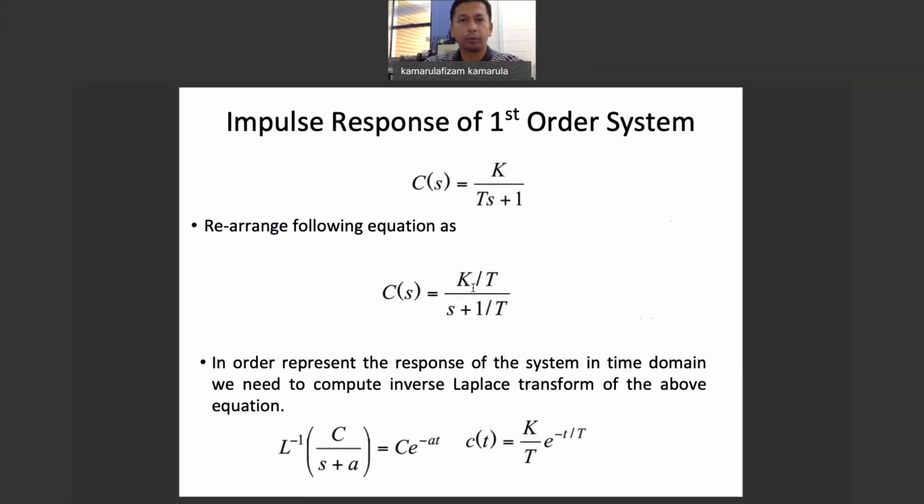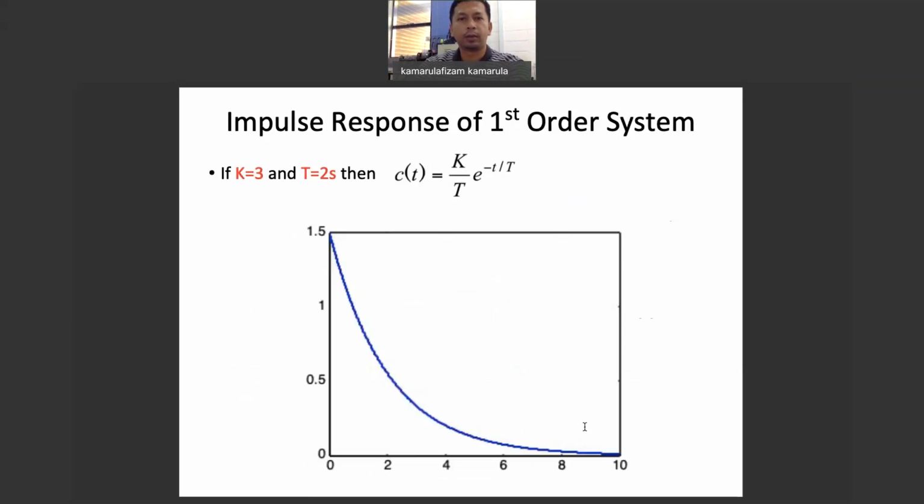After working with the impulse, finally you will have something like this, and you take the inverse Laplace, you will get back the time domain, which is c(t), a function of time: K over T times exponential of minus t over capital T. Okay, so basically you can draw a simple graph from this equation.